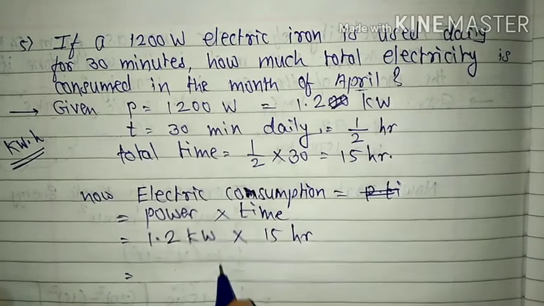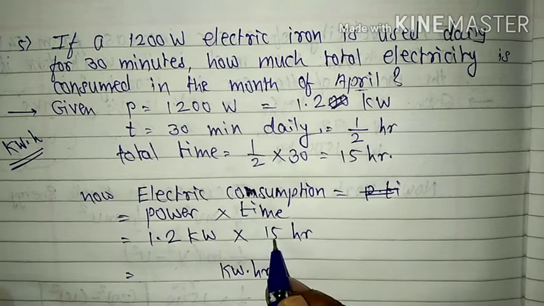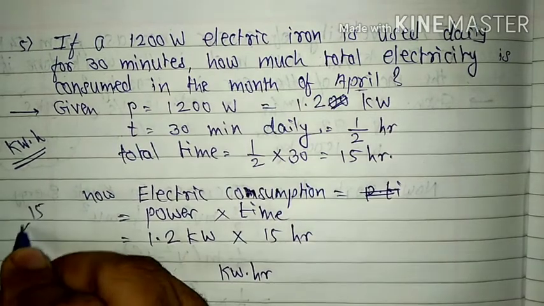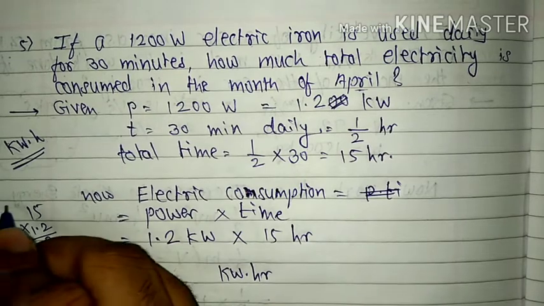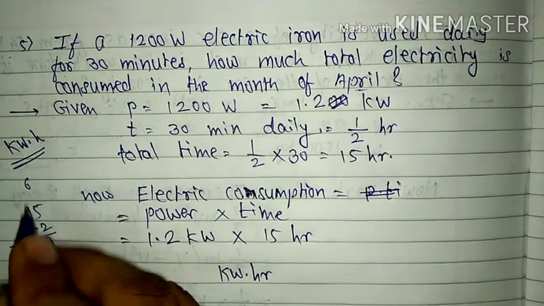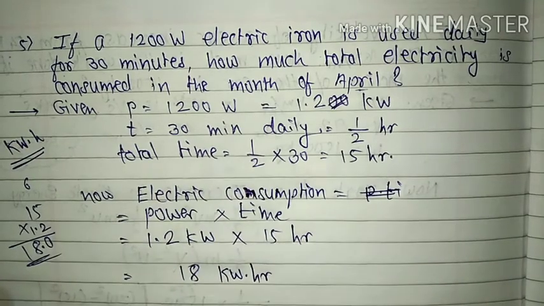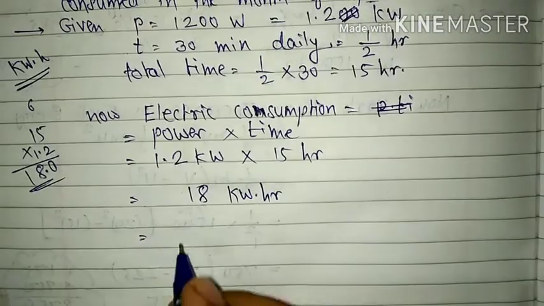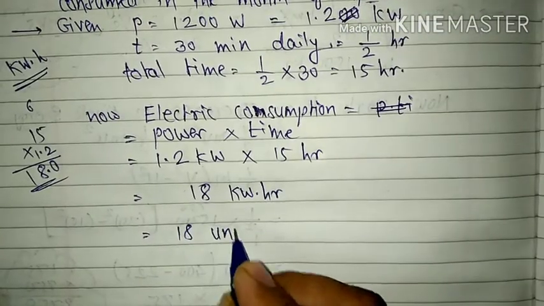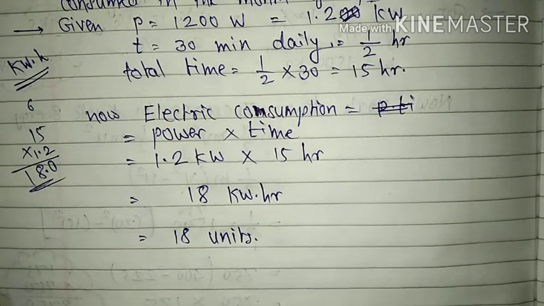So kilowatt hour and 1.2 into 15, whenever multiply by 1.2, 12 5s are 60, 6 is carried, 12 1s are 12 and 6 18, point here 18 kilowatt hour is equal to 18 units. So this is the total electricity consumed or electric consumption.